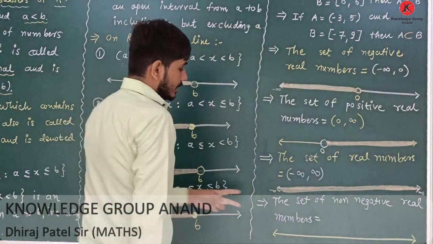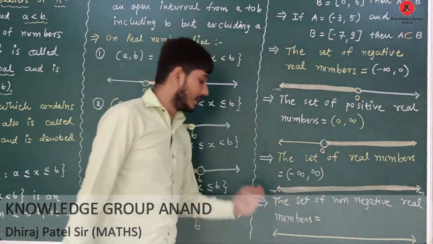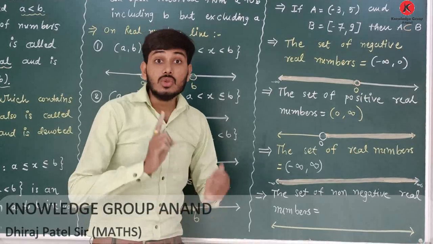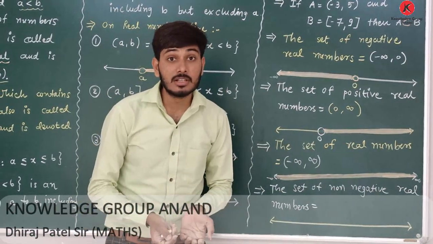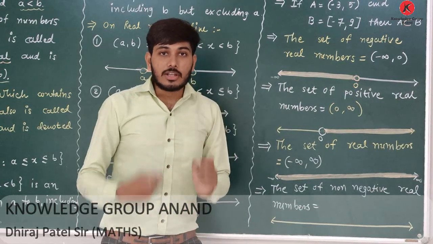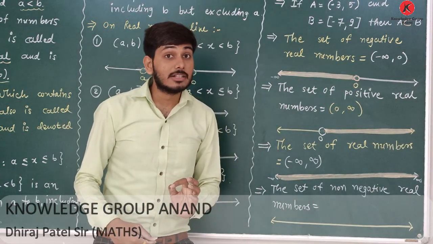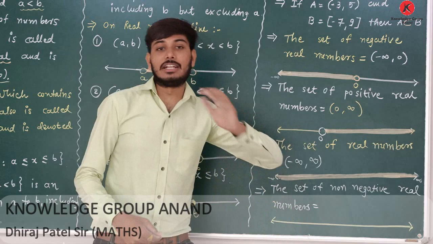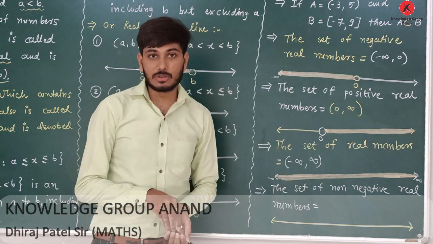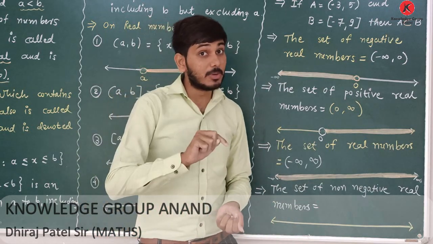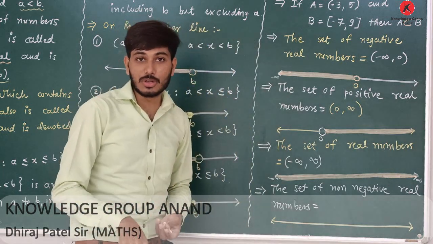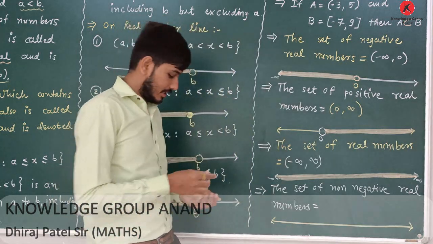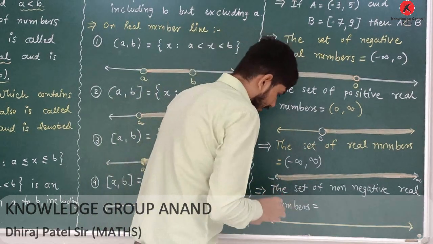Next one, the set of non-negative real numbers. Non-negative real numbers means the numbers which are not negative. We know that all positive numbers and 0 are included, because 0 is a non-negative number.